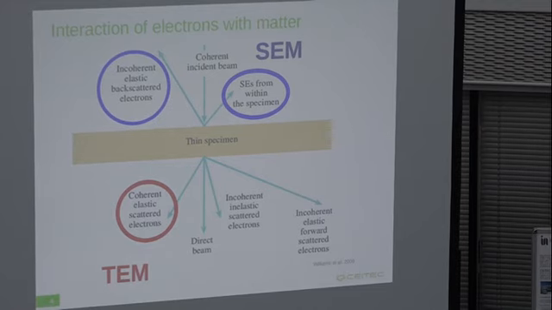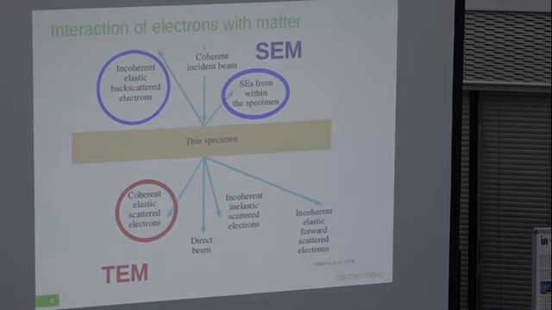For such microscopy, you need a very, very thin specimen because the electrons interact strongly with the matter. Once the sample is more than, let's say, 1 micron thick, all of the electrons will be trapped within your sample.